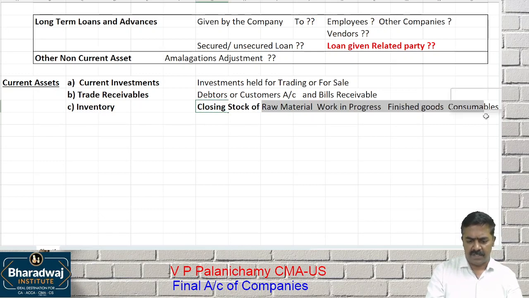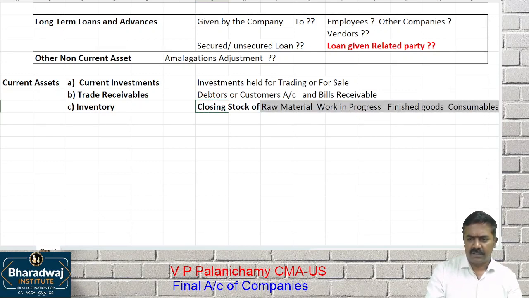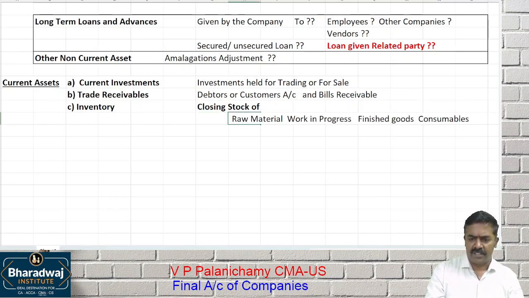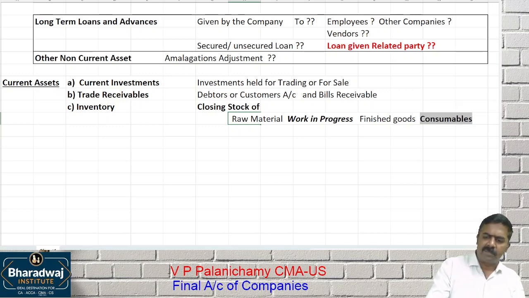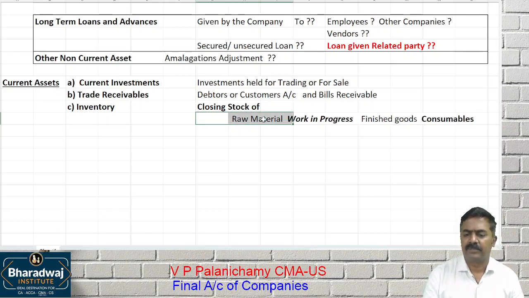Raw material is input used in processing. Sir, what do you mean by work in progress? Goods manufactured or not manufactured? Not manufactured. Semi-finished goods. Finished goods means ready for sale. Consumable stores means indirect material that will be consumed in the production process. For example, in a garment factory, what do you mean by raw material?